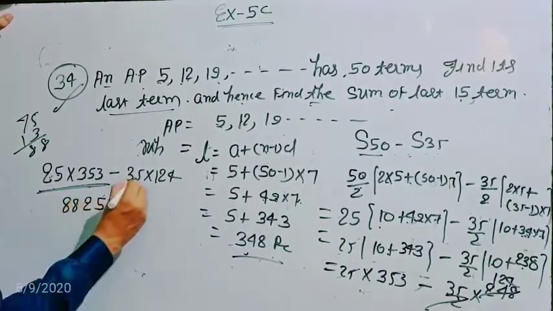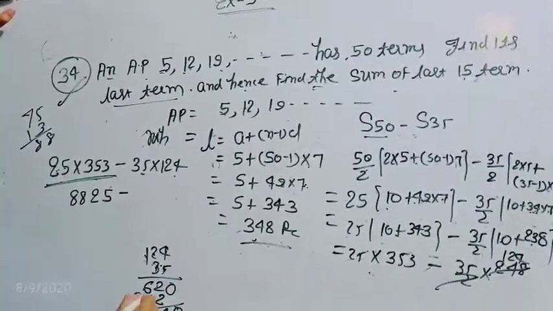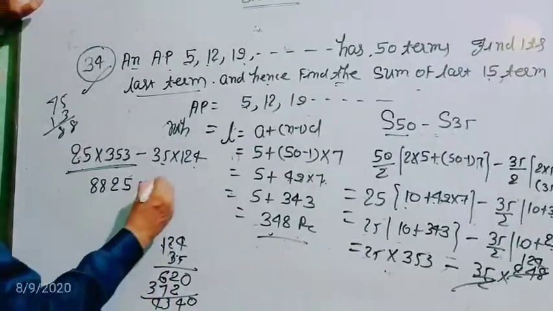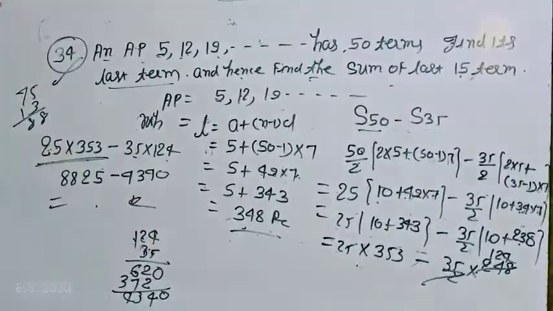So it is 88 minus here multiply by 124: 35, 5 4s are 20, 5 2s are 10, carry 2, 5, and 1, 6, and here 24, 2 4s are 12, 3 2s are 6, 1 7, and 3 1s are 3. So 0, 4, 3, 4. So 4340, and subtract it and get your solution.